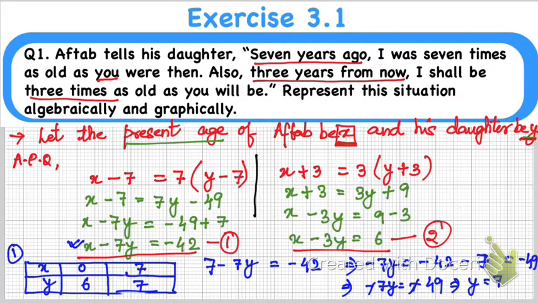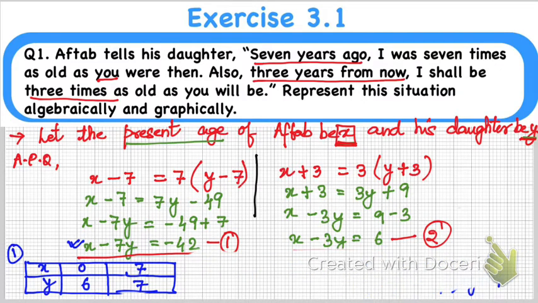Now in the same way we will move for this equation 2, right? So considering the points for equation 2 now, x and y.